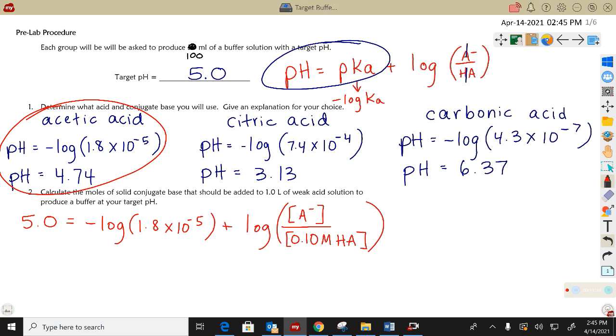All right, so let's simplify this the best we can. I already know that the negative log of the Ka is 4.74. So if I subtract that on both sides, I'll take 5 minus 4.74, and I have 0.26 equals the log of this big ratio, A minus all over 0.1 molar HA.